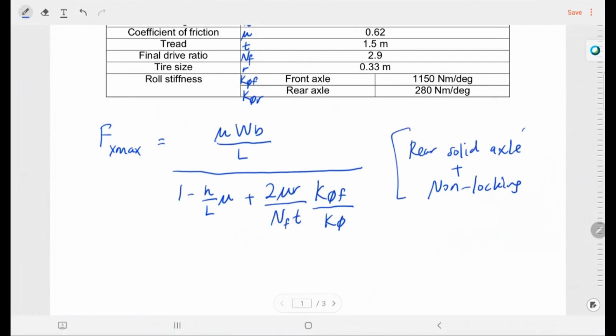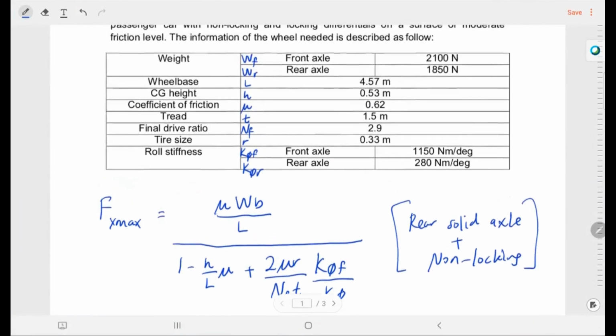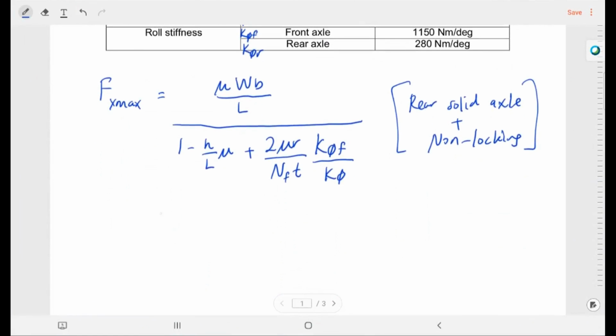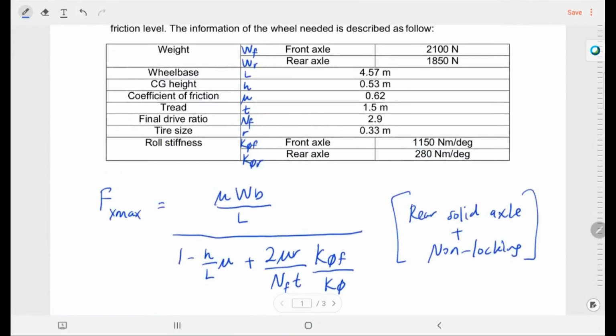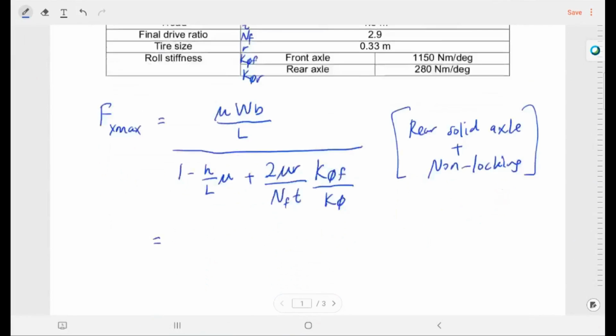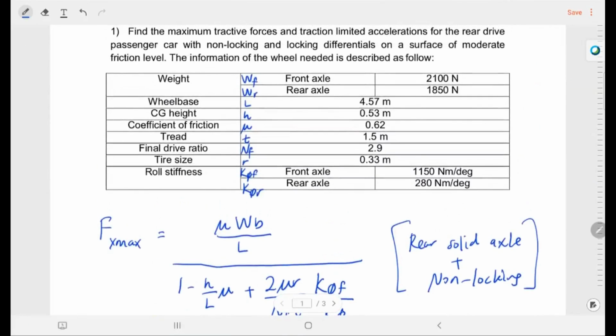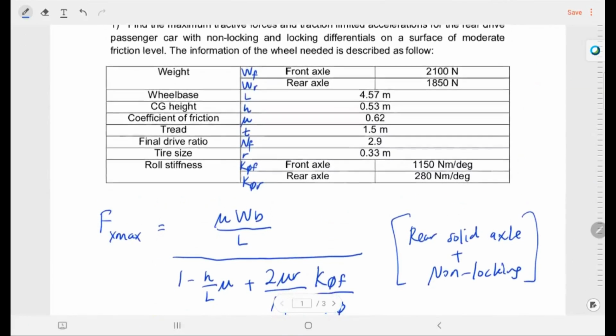Okay, so you just plug in all the parameters into this equation. Okay, mu is semua ni nilai dia as a unit, you just masuk je. So mu is 0.62 times WB over L. Okay, ada tak WB?